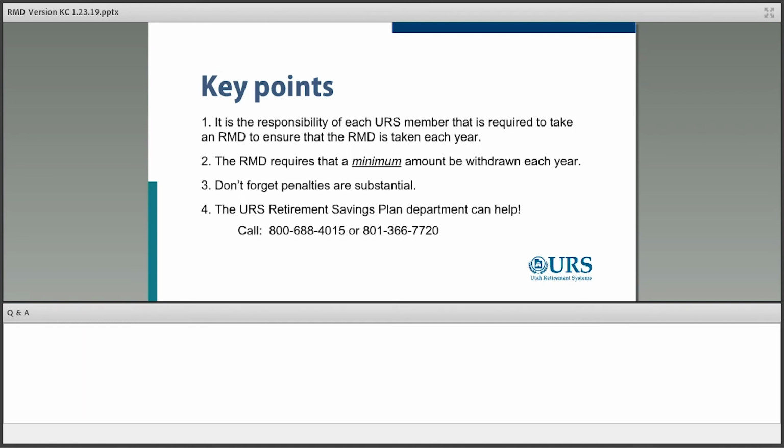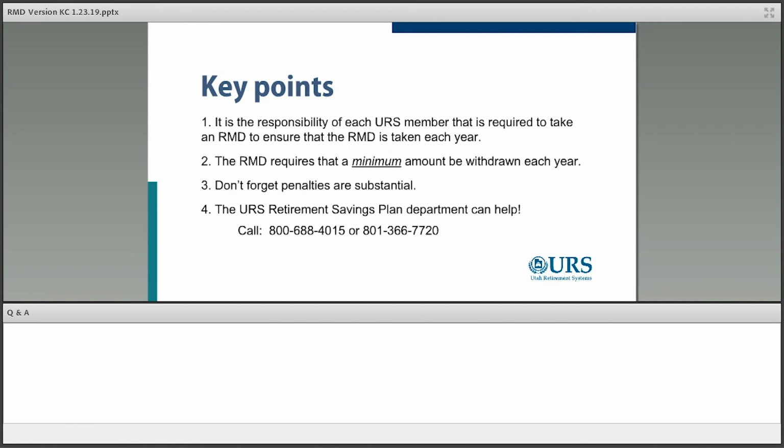It is the member of the retirement system that the IRS will hold accountable for any penalties if the distribution is not taken. So keep that in mind. We'll do our best to help you, but ultimately it's the member's responsibility.